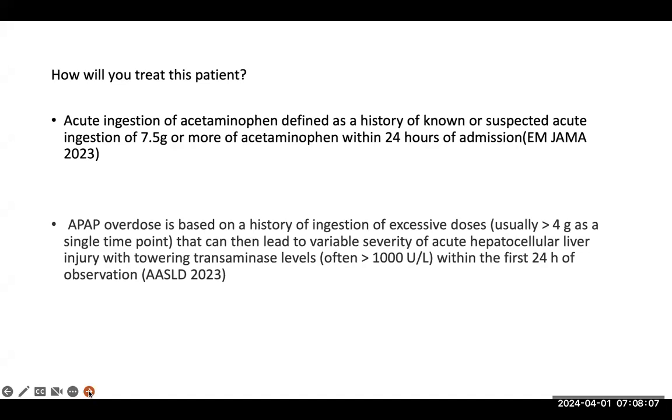And this is according to the emergency medicine guideline, that's the American guideline, which was released in August 2023.